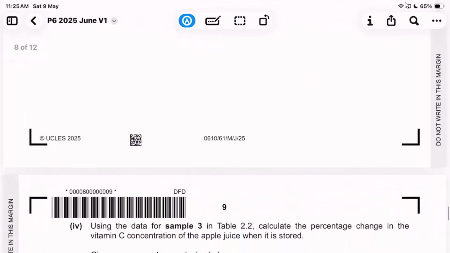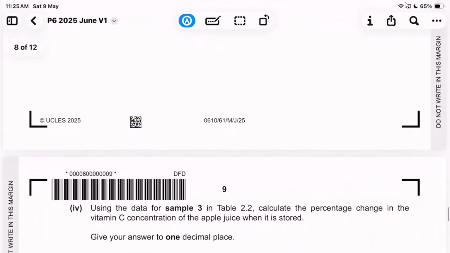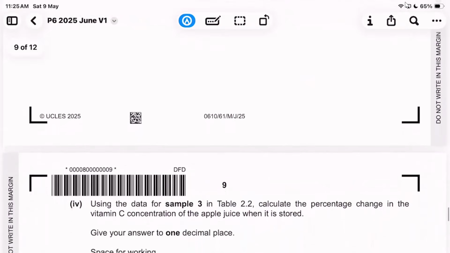Using the data for sample 3 in table 2.2, calculate the percentage change in the vitamin C concentration of the apple juice when it is stored, and give your answer to 1 decimal place. Please concentrate on this part. The question asks us to calculate the percentage change.